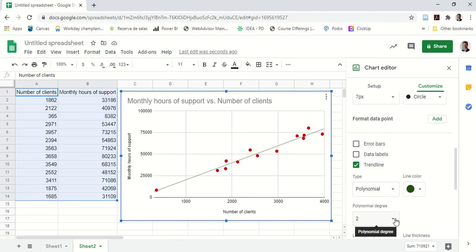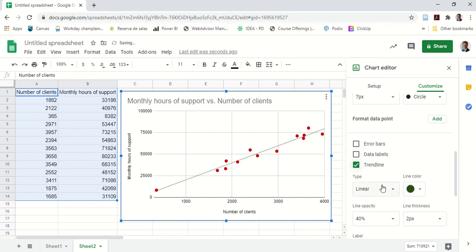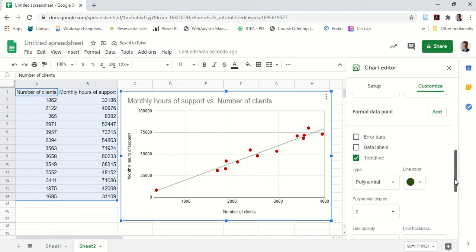And so I'm going to say here that I want polynomial of second degree. You see fourth degree, third degree. If I want second degree, I almost don't see a difference from this one to this one.